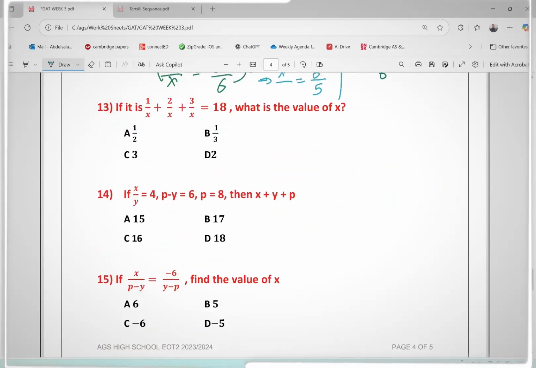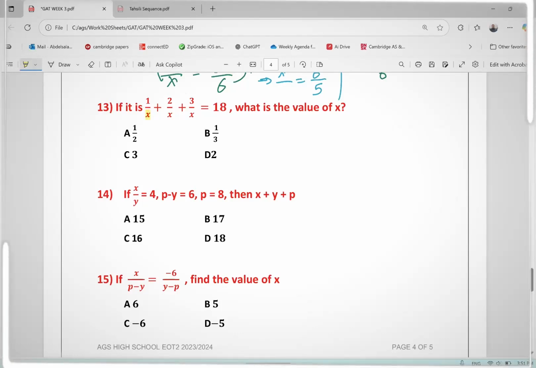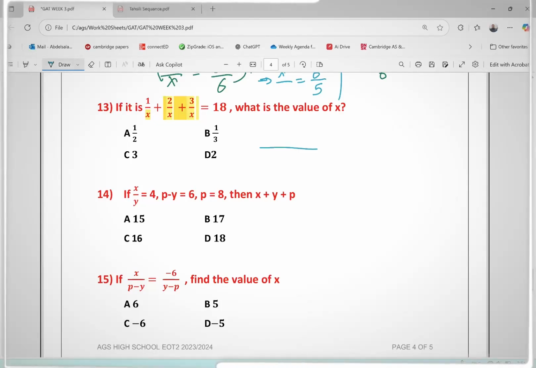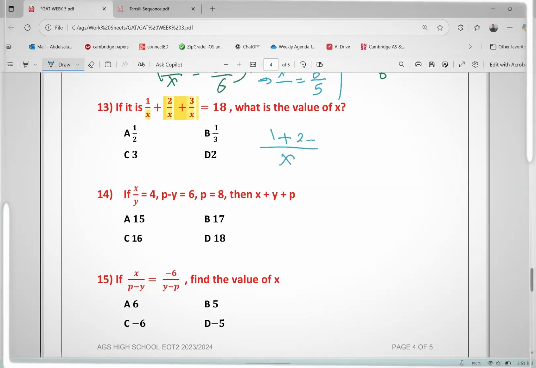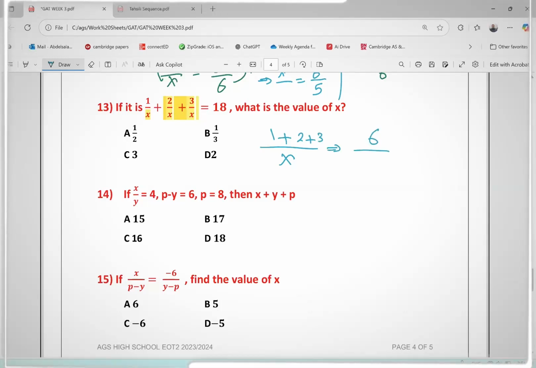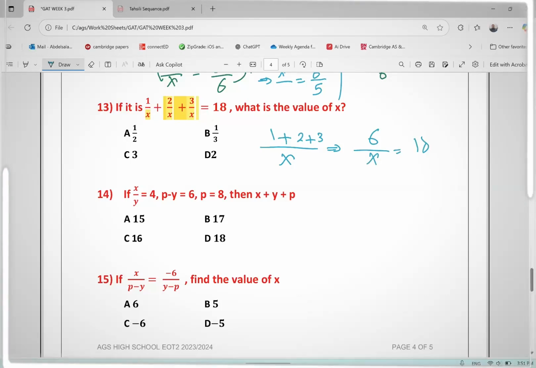Question number 13. Actually, I have the same denominator. Do you see? I have the same denominator. So I'm going to write the denominator one time. In the numerator, I will write 1 plus 2 plus 3, which means 1 plus 2, 3, 3 plus 3, 6 over x equals 18.